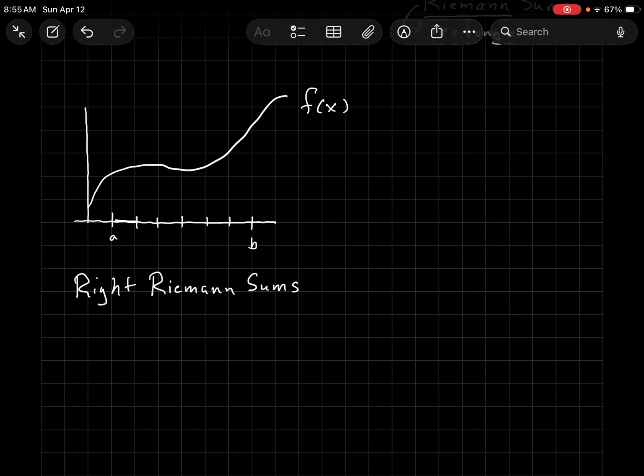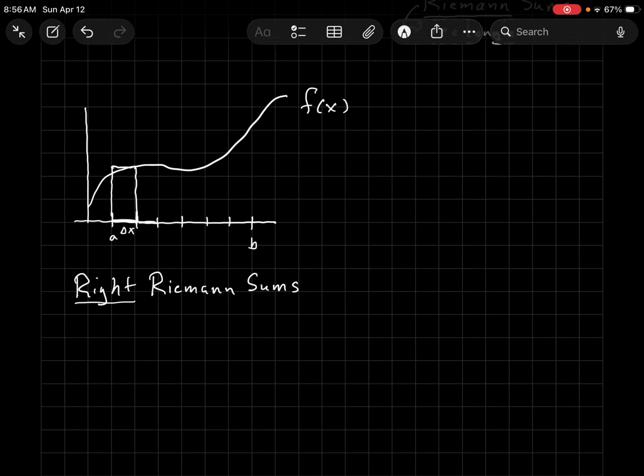Let's look at our first subinterval. Which x value should we choose to get the y at that x value? I'm telling you, go to the right of the subinterval. So this would be the right side of the first subinterval, and we'll go upwards to get our y value to draw a rectangle whose base is delta x.